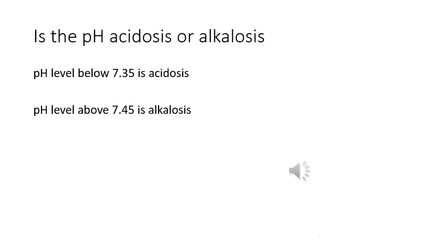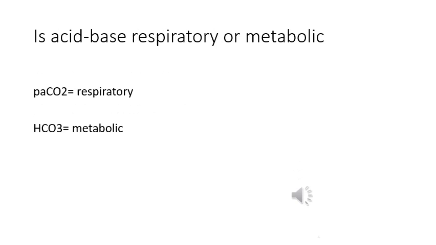And if the pH level increases above 7.45, it's alkalosis. Okay, next thing you need to determine is whether the acid base is respiratory or metabolic. So PaCO2 is respiratory, and bicarb, or HCO3, is considered metabolic.